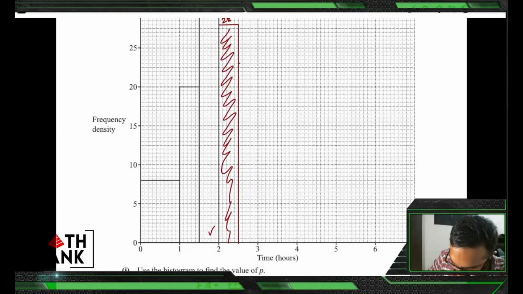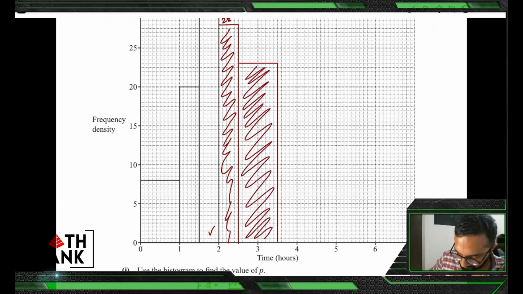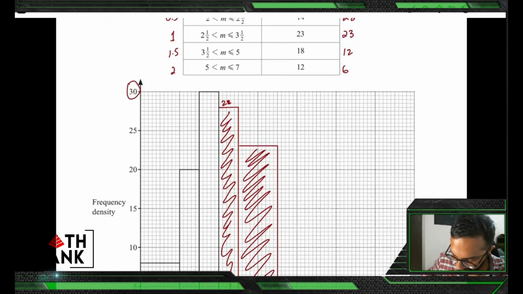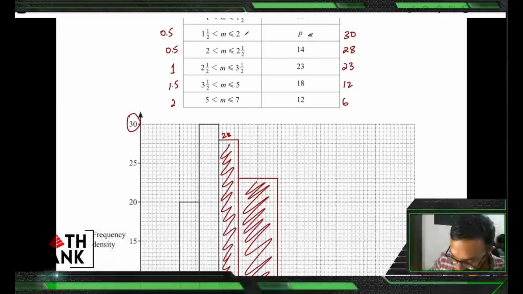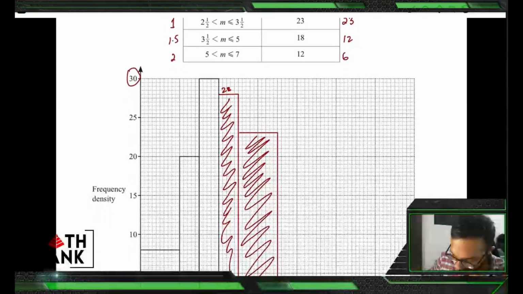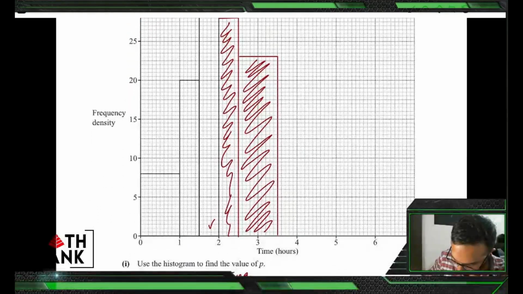So that is 23. Okay, and then 3.5 to 5 and that is 12. So 12 is here, just a notch below 12.5 up till 5. It's 5, yeah.